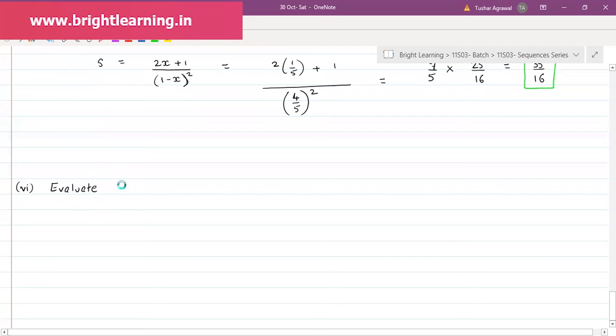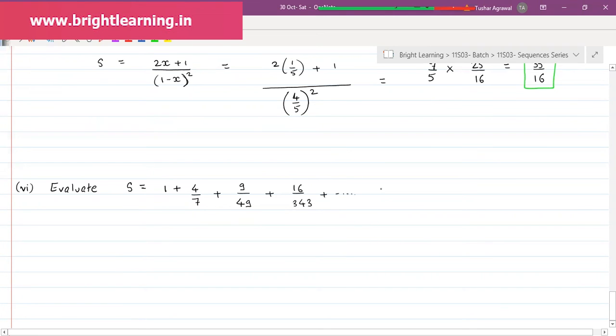Evaluate S equals 1 plus 4 by 7 plus 9 by 49 plus 16 upon 343, 7 cube, plus so on and so on.